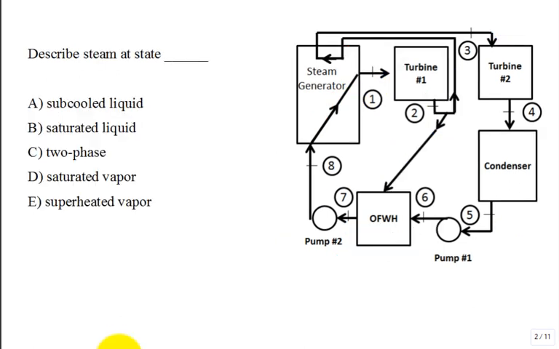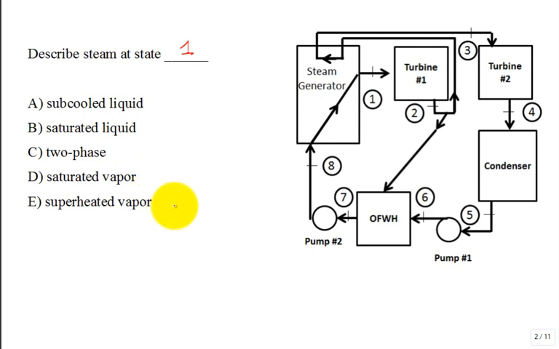Here's a clicker question for you. Describe the steam at state 1. Would the steam at state 1 be called A, subcooled liquid, B, saturated liquid, C, a two-phase liquid-vapor mixture, D, saturated vapor, or E, superheated vapor?